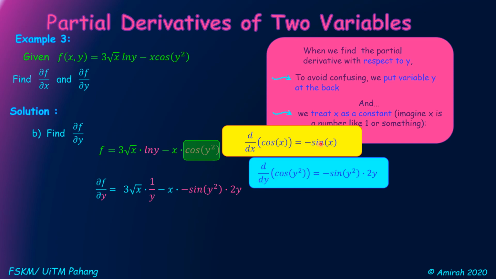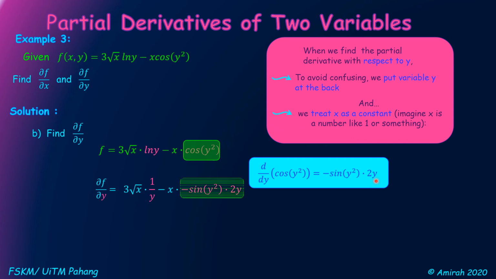So we have negative sin y squared. But after that, we need to differentiate the function inside cos. So we differentiate y squared with respect to y, so we have 2y, times 2y here. The derivative of cos y squared with respect to y equals negative sin y squared times 2y.